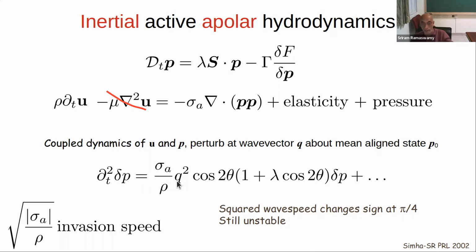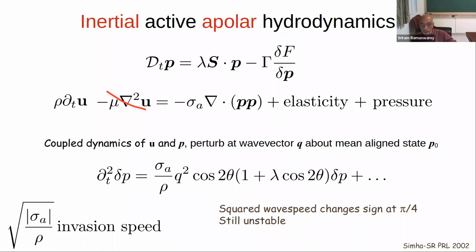That is to say, you will get a growing mode, and it will be a growing mode with a growth rate linear in wave number. Okay, that means that on a length scale 1 upon q, the time it takes the perturbation to grow exponentially by a factor of e is proportional to the length scale you're looking at. And so there's a kind of invasion speed.